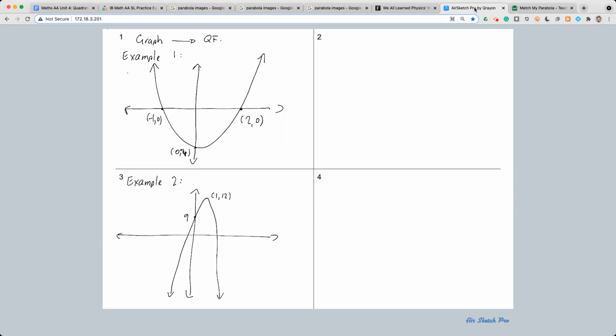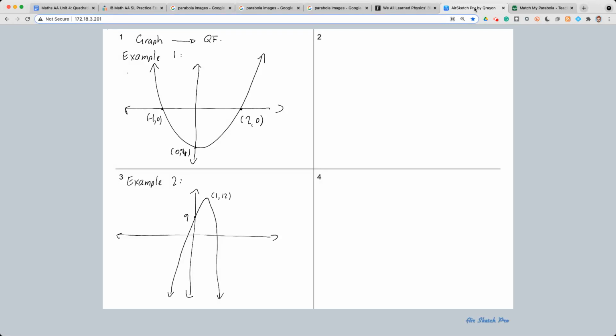I've got three examples to go through, and basically, the way you solve these sorts of things, the way you come up with a quadratic function given a graph, is you start by trying to figure out what you've got, and then deciding which form would be best to try and fit it into.